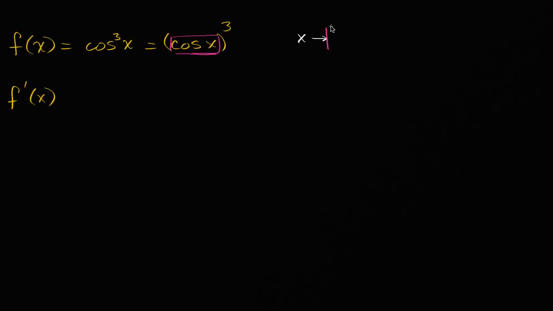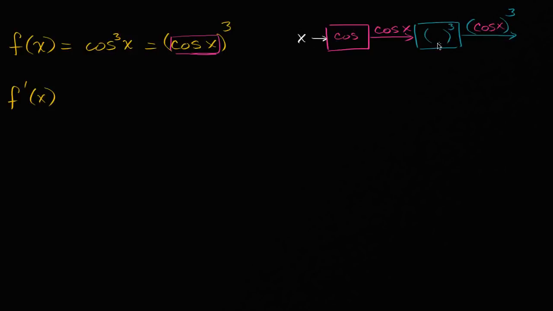So first we evaluate the cosine, and that's going to produce cosine of x, and then we're going to input it into a function that just takes things to the third power. So what are you going to end up with? Well, what are you taking to the third power? You're taking cosine of x. Cosine of x to the third power.